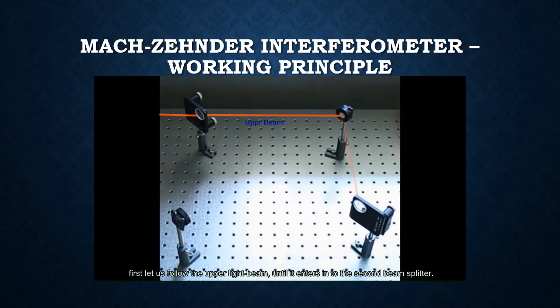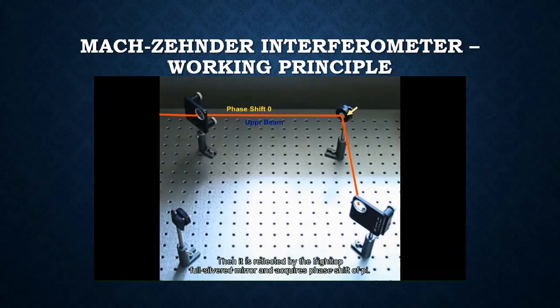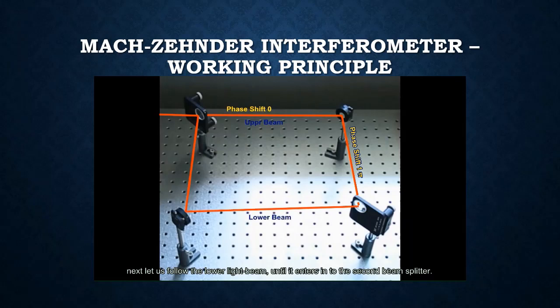First, let us follow the upper light beam until it enters the second beam splitter. In the beginning, it is transmitted by the first beam splitter and acquires no phase shift. Then it is reflected by the right half silvered mirror and acquires a phase shift. Now the upper beam has a phase shift of 1 pi, and then we follow the second beam splitter, and the lower beam comes out with some phase shift.